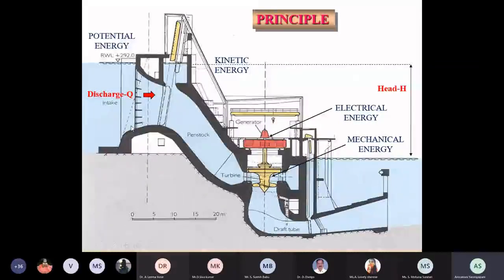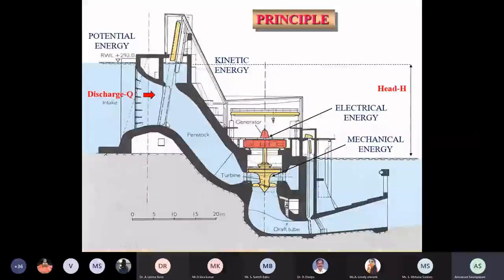For example, if you are producing 100 megawatt in daytime, pumping the water back to the reservoir or dam may require around 600 or 700 megawatt capacity. So here we will save around 300 or 400 megawatt, and sometimes we will save this peak time demand. We will utilize that.